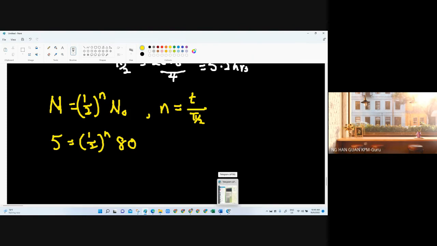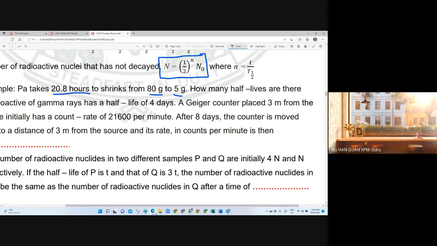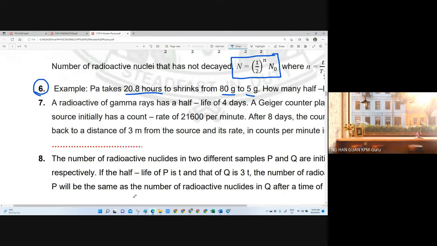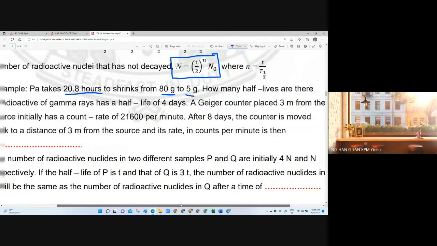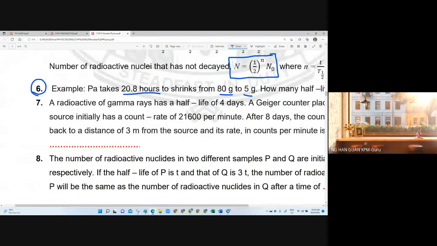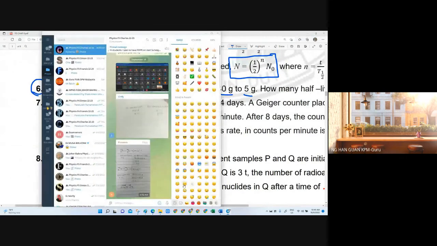Please share your working steps, and others can try too. Once you are done, you can continue to solve number 7 and number 8 in the module.